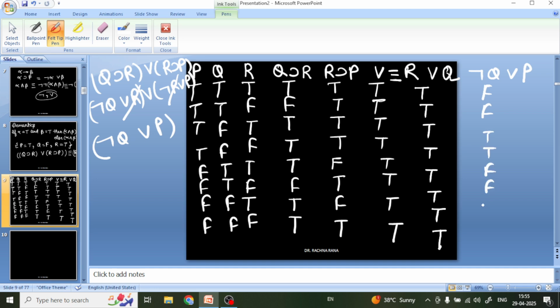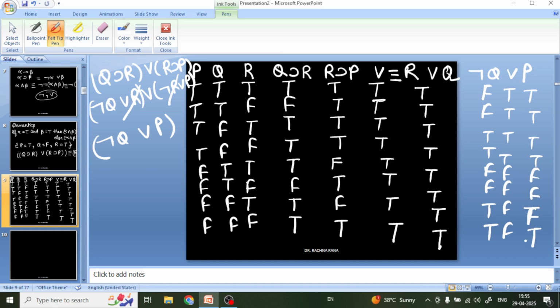False, false, true, true. True, true, true, true. False, false, false, false. And or true, true, true, true. False, false, false, so true.